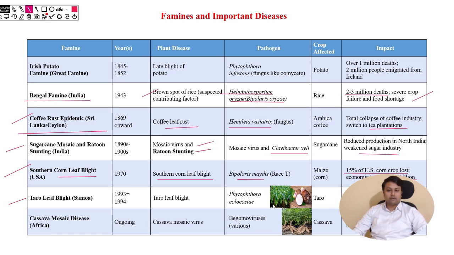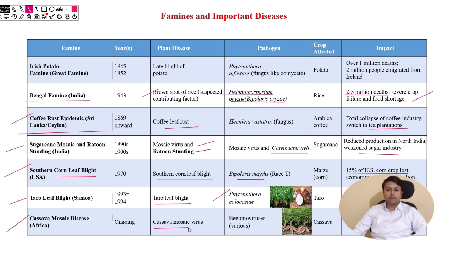Next is taro leaf blight. Here you can see the crop taro, which is especially a root crop, and the disease is taro leaf blight, caused by Phytophthora colocasiae. 95% of the crop was lost due to this single disease, because taro was the staple food crop of the Samoan people.